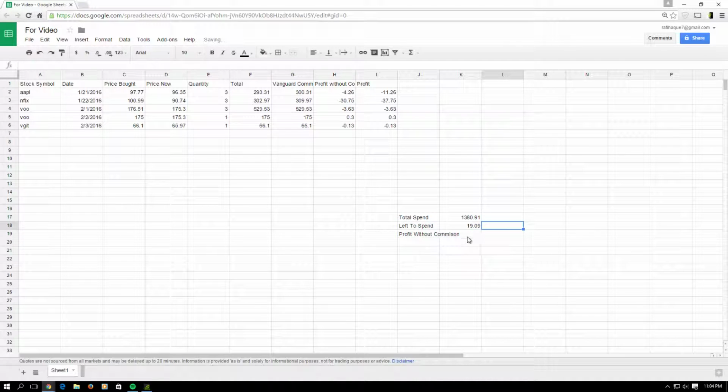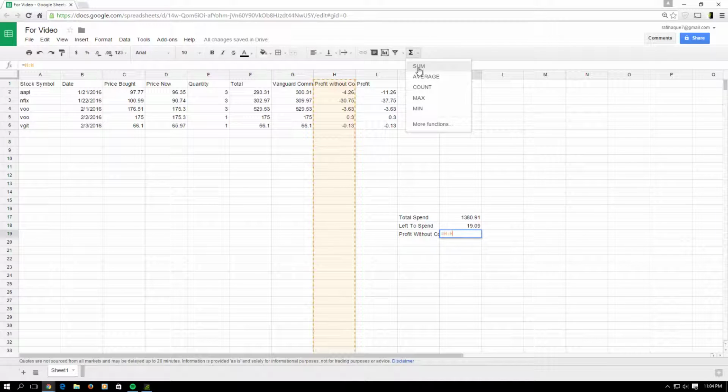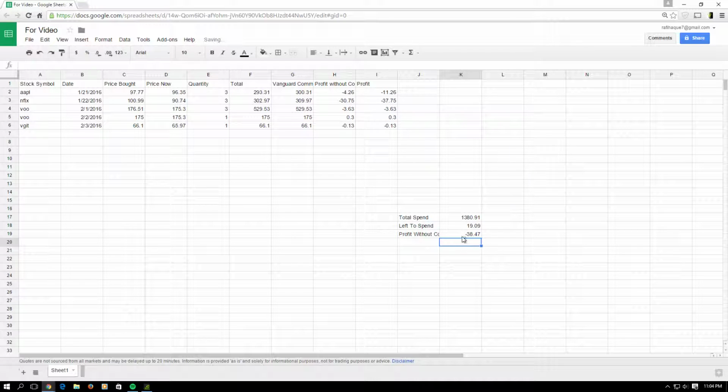It's kind of interesting to see. And we can do that by just getting a sum of this. And let's see, did that make sense? Sum of this. So if I did not pay the $7 fee, I would be down $38.